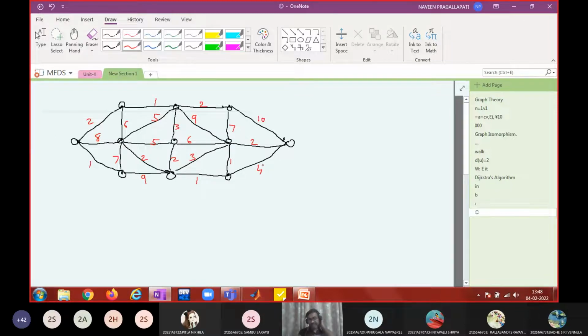Am I right? These are the values I gave. Yes, sir.